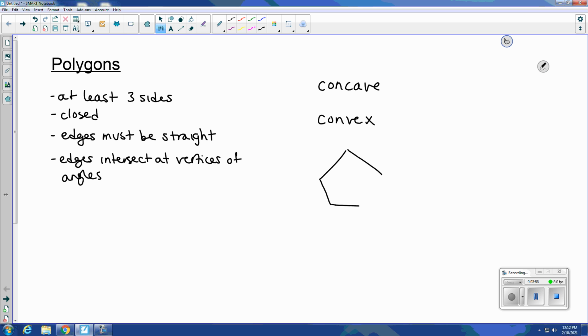So we have 5 sides. Now, what makes it convex? Well, first, we have to know what a diagonal is. So a diagonal is a line that connects non-consecutive vertices. So the line that connects consecutive vertices is the edge. But if I draw a line from one vertex to another that's not directly next to each other, I've just drawn a diagonal. Now, the diagonal, if every single diagonal is on the interior, is convex.